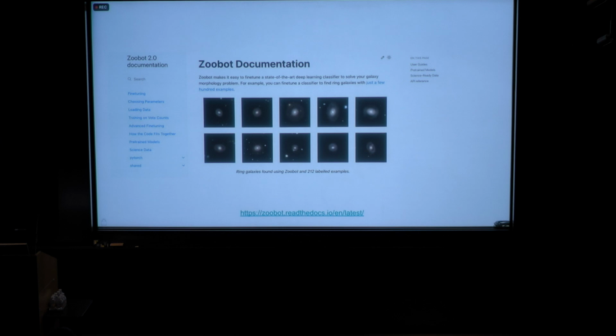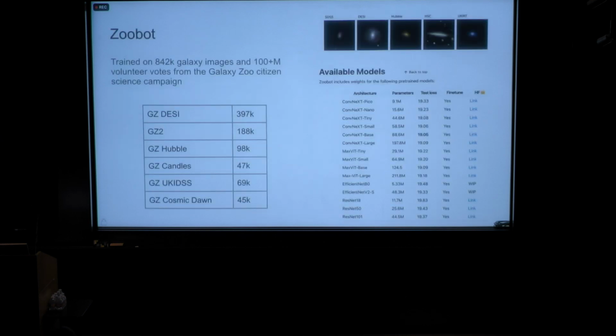So Zoobot is a state-of-the-art deep learning classifier, and this has been designed specifically to solve galaxy morphology related problems. This work was done by Mike Walmsley.